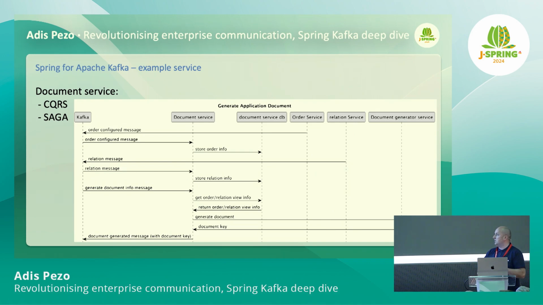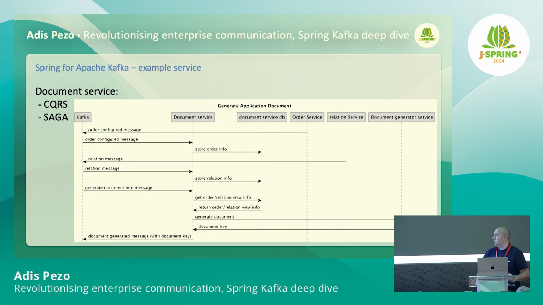We are consuming the topic from Kafka, the generate document information message that the document service handles. But before that, an order has to be generated by a customer. The order has to be filled in, and then also the customer relation information has to be put on Kafka so that our document service knows how to proceed later on.